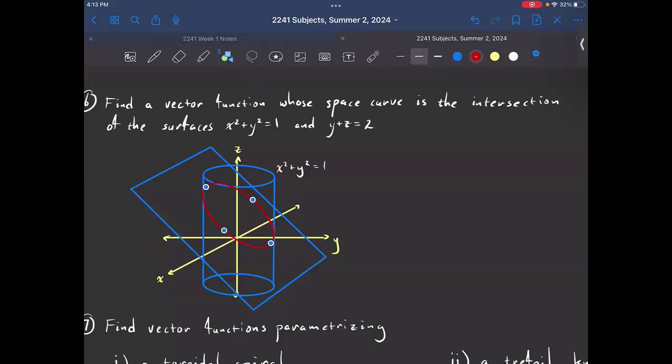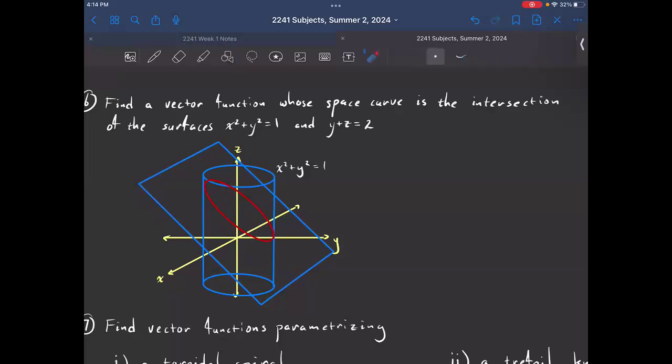These are kind of tricky to draw. Okay, good enough. So we have a plane that slices our cylinder in an ellipse right here. Okay, so we need a vector function that parametrizes the ellipse.